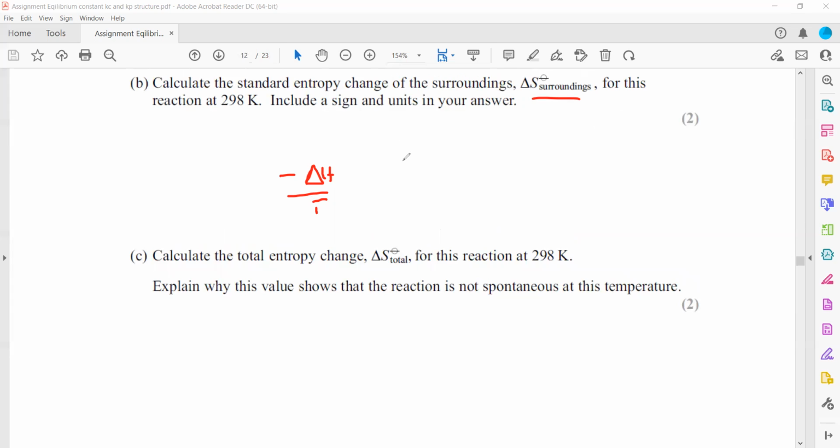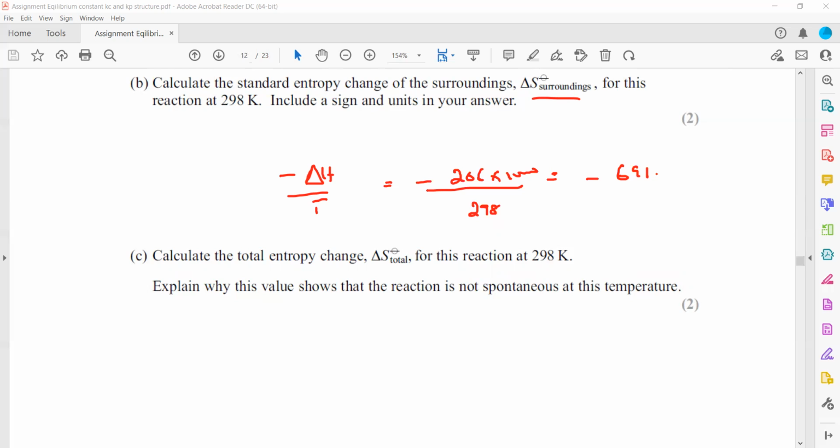So we'll substitute the value. It will be minus 206 multiplied by 1000 to convert into joule, divided by room temperature, 25 degrees centigrade or 298 Kelvin. When we simplify, it will give us minus 691.6 joule per mole per kelvin. The 1000 is multiplied to convert the unit of enthalpy change from kilojoule to joule.